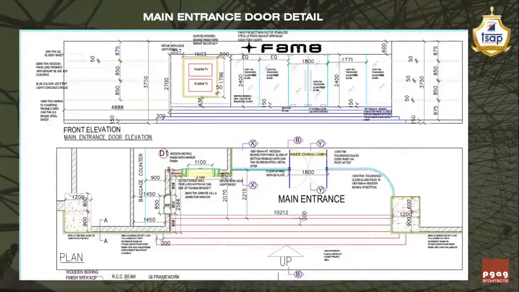Going ahead with the last detail for today's webinar, I'm going to explain how the main entrance door, that is a glass door drawing, you are supposed to give to the site. This particular entrance door is a glass door with some fixed glasses on both the sides, and there is a curved glass element on the very right hand side in the plan, as you can see.